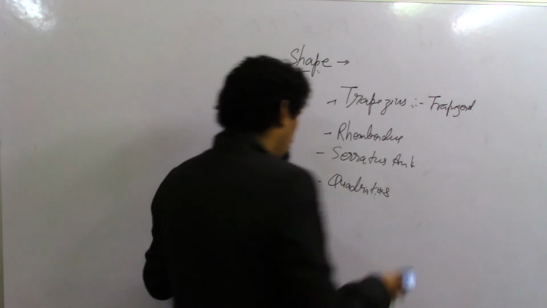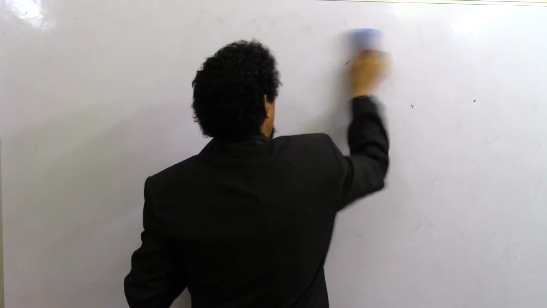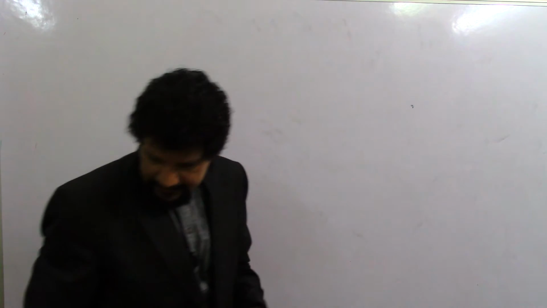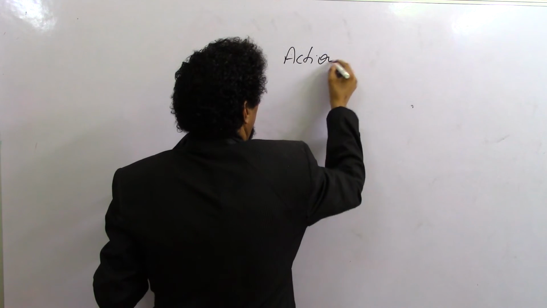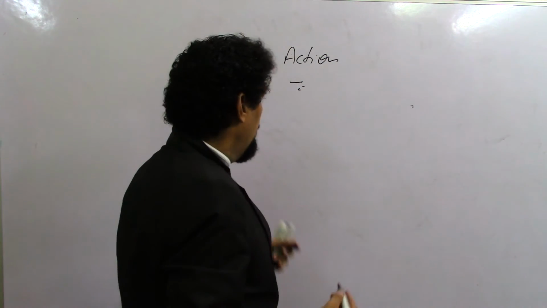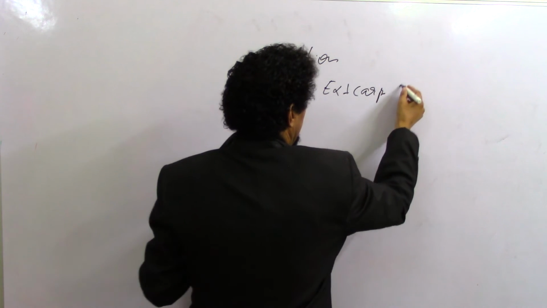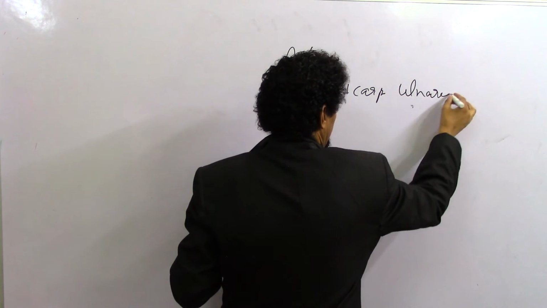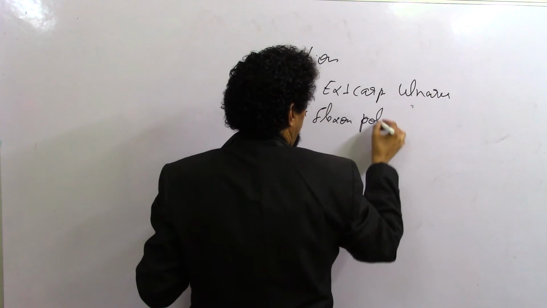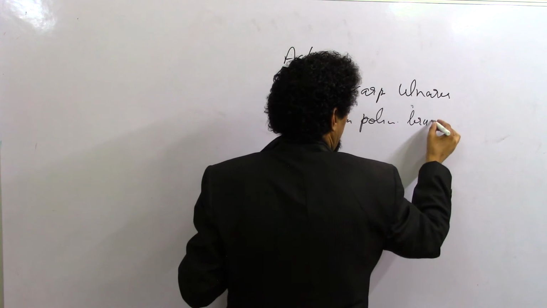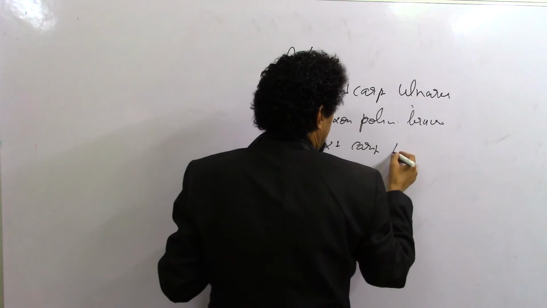When the name is according to their action, many times muscles are named according to their action. Extensor carpi ulnaris, flexor pollicis brevis, extensor carpi radialis.